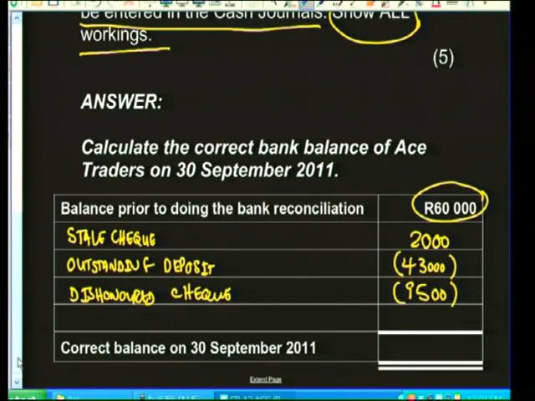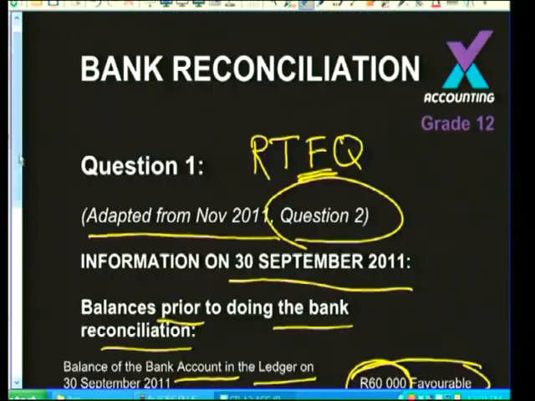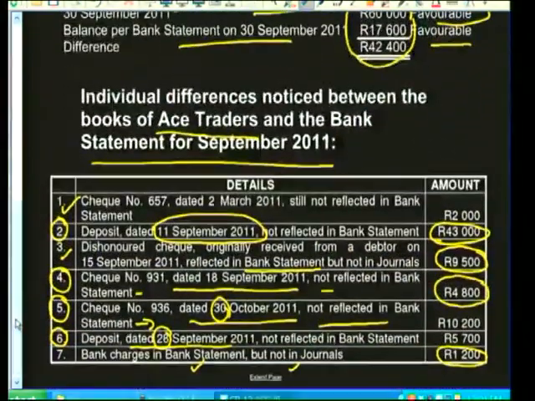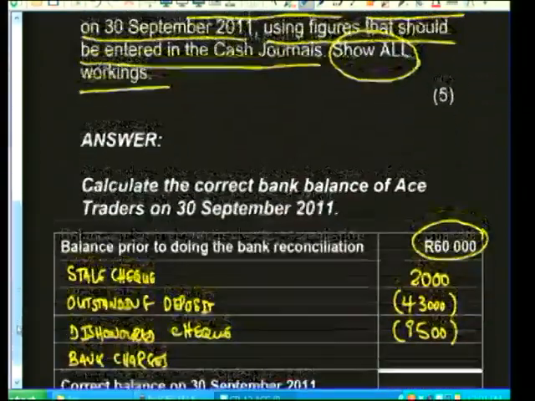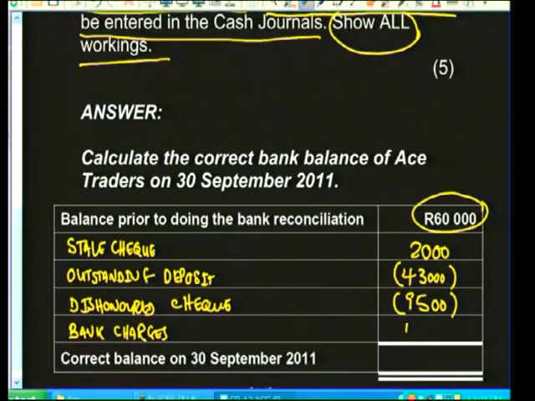I'm going to say bank charges, right? And my bank charges amount was 1,200? Let's just confirm. 1,200 is correct. There's my 1,200.